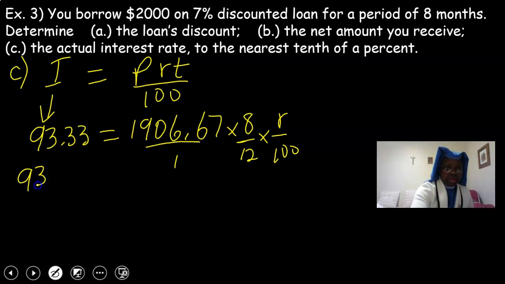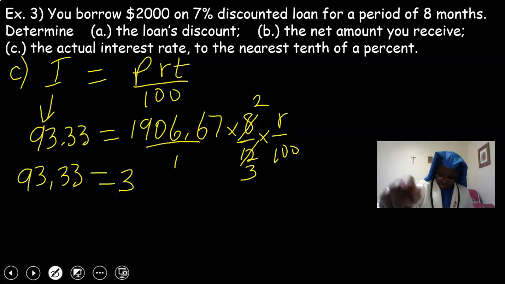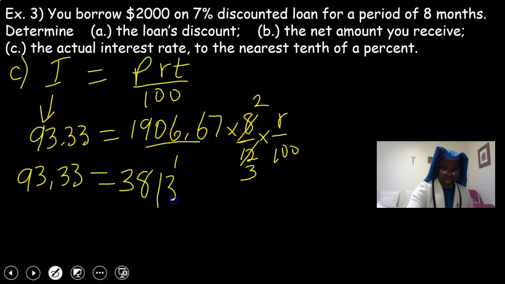So 93.33 equals, multiply the 8. You can simply reduce this to 2/3. So if you multiply 1906.67 times 2, we get 3813.34 times R, all over 3 times 100, which is 300.